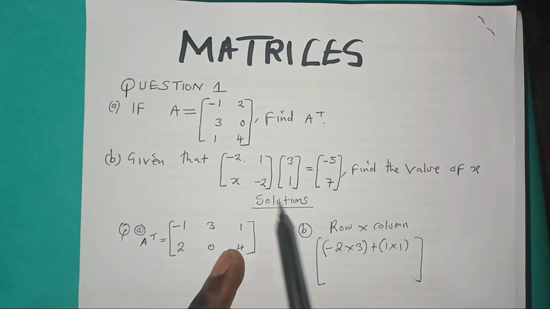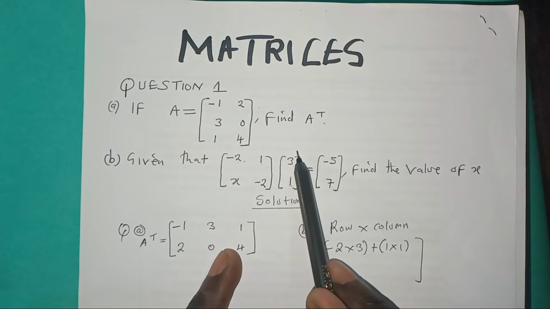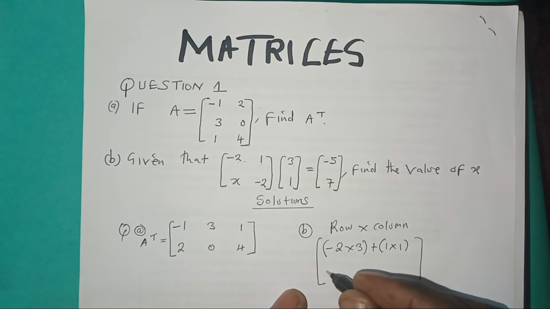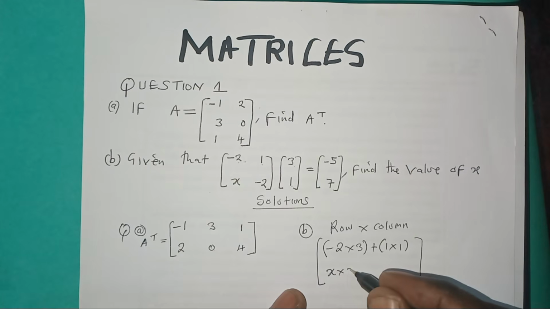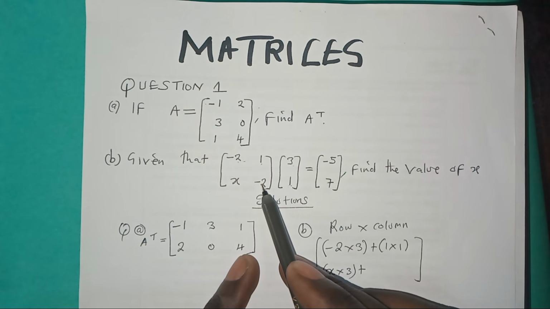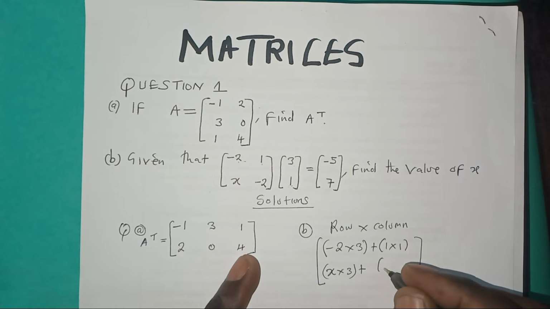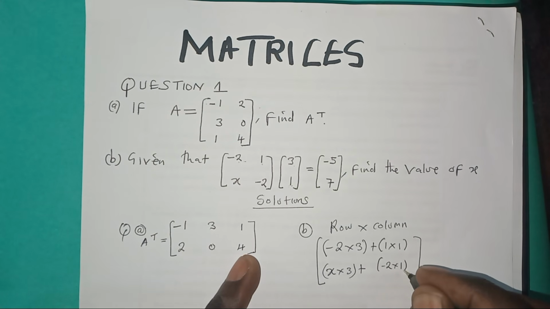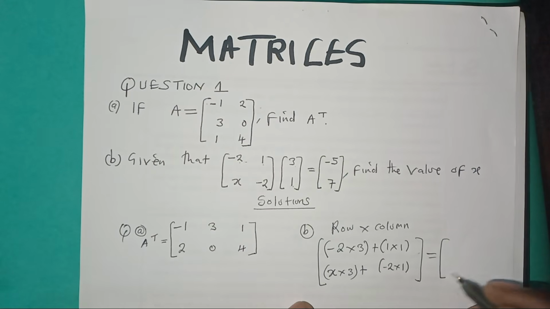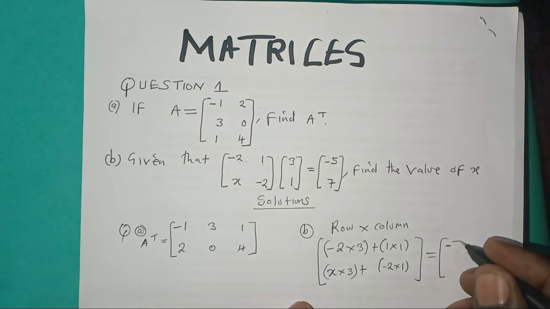Then we move to our second row multiplying the same column. Again, it's x times 3, plus -2 times 1.